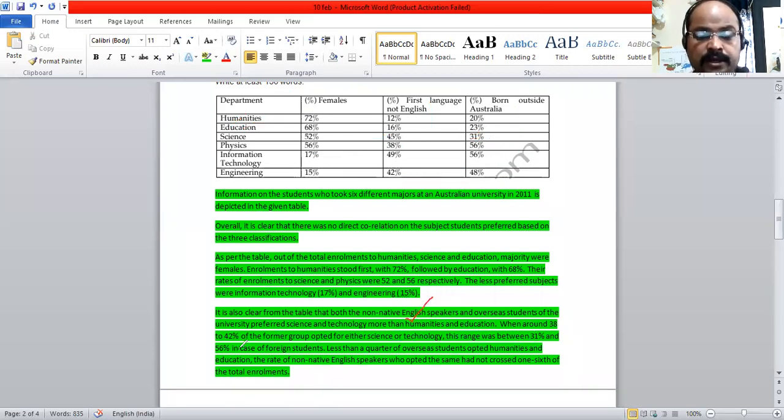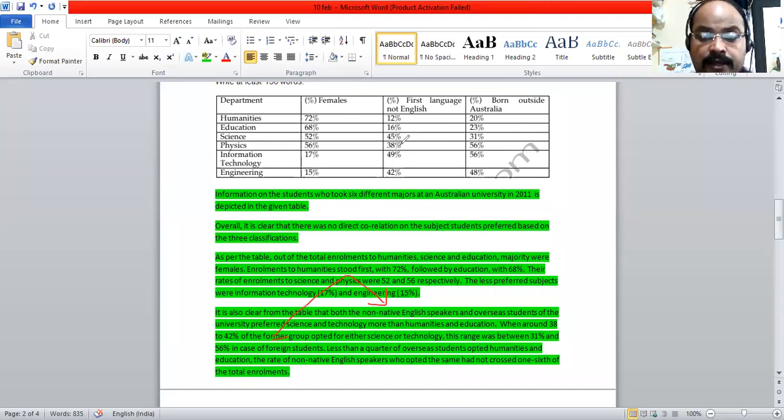Around 38 to 42 percentage of the former group, and the former group means non-native English speakers. Yeah, I think the former group here refers to non-native English speakers. 38 to 42 percentage of the former group opted for either science or technology.